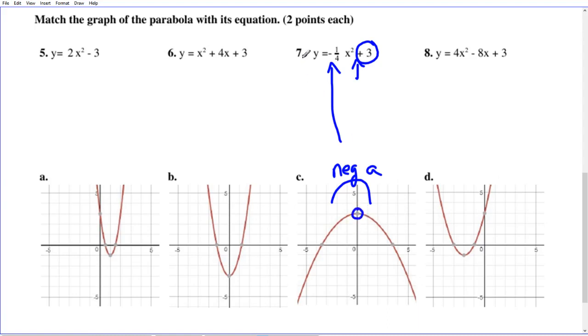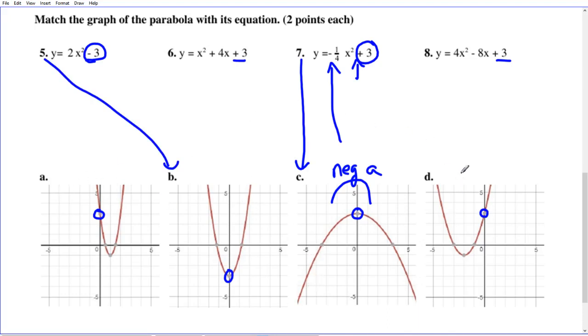Yeah. So I'm going to say number 7 matches up with C. All right. Other ones. Well, these two both have a y-intercept of 3. 3, 3. Y-intercept, negative 3. This guy has a y-intercept of negative 3. I'm betting number 5 goes to B.